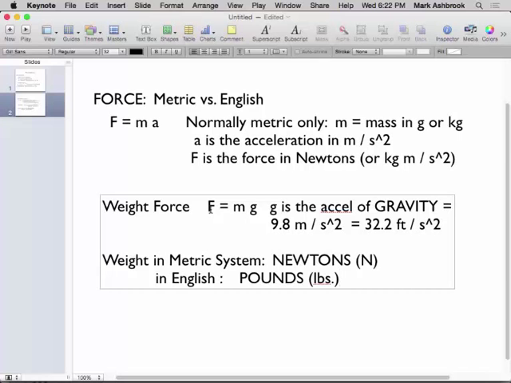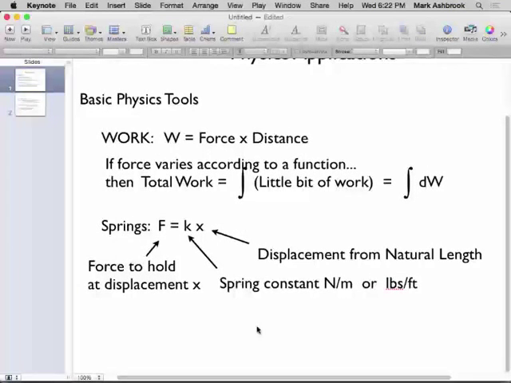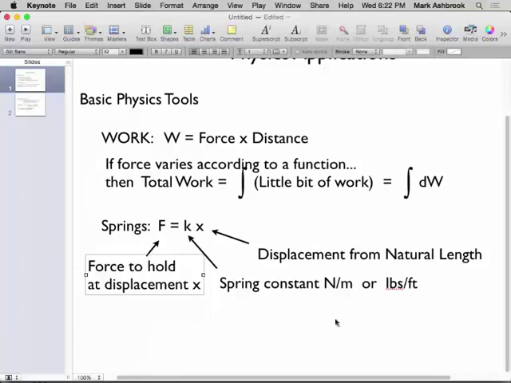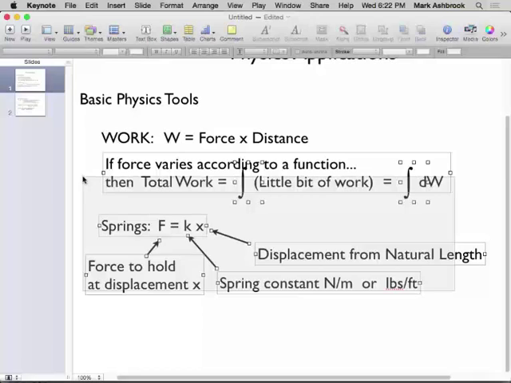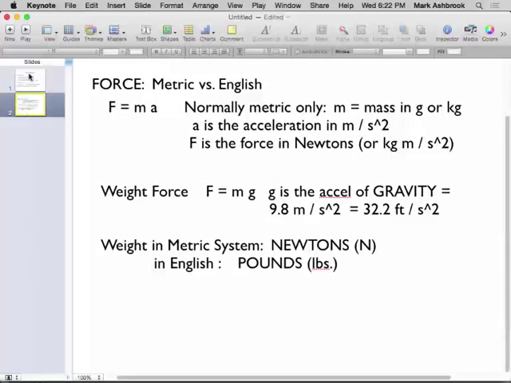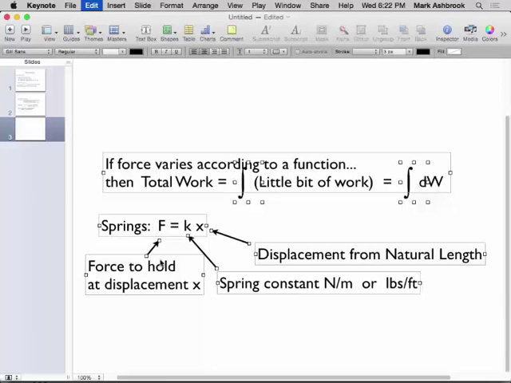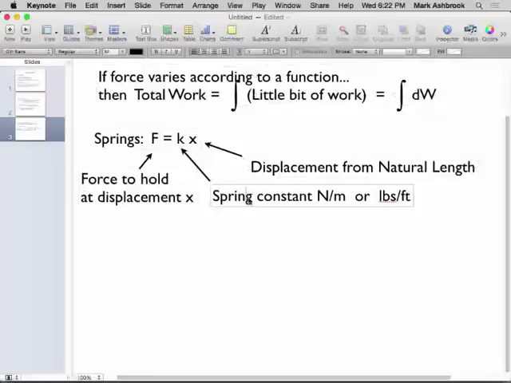Okay, so let's go back to springs here. Here's an example.